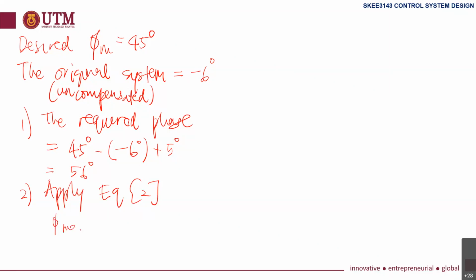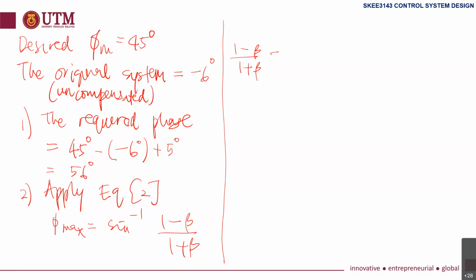phi max equal to inverse sine of (1 minus beta) over (1 plus beta). Or (1 minus beta) over (1 plus beta) is sine 56 degrees, equal to 0.8290.